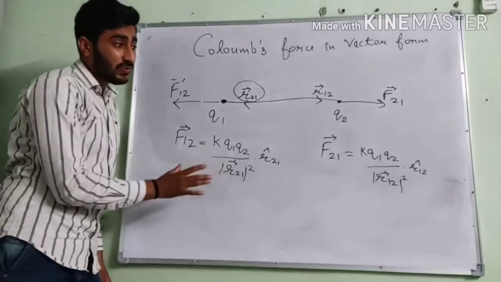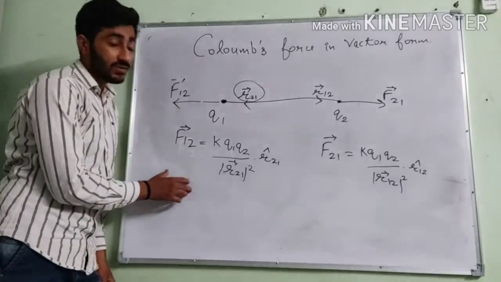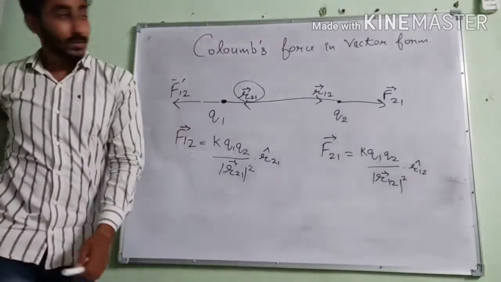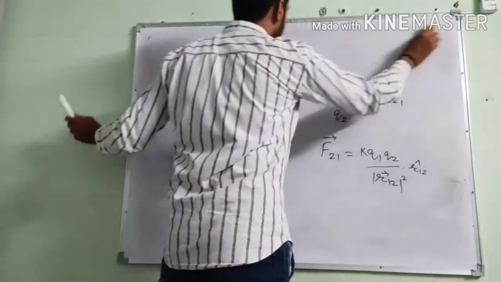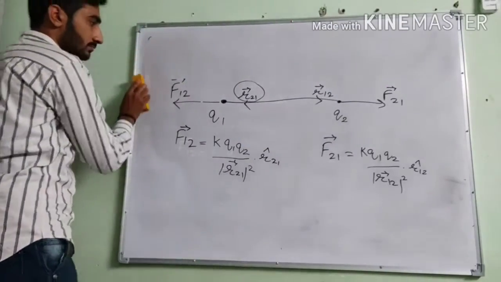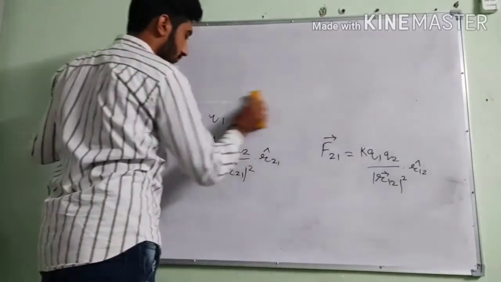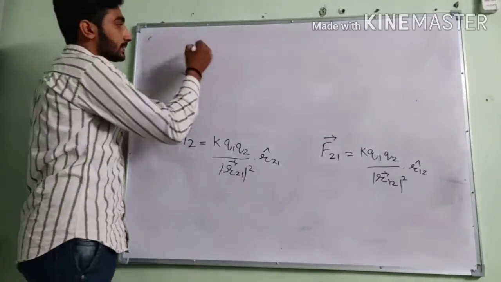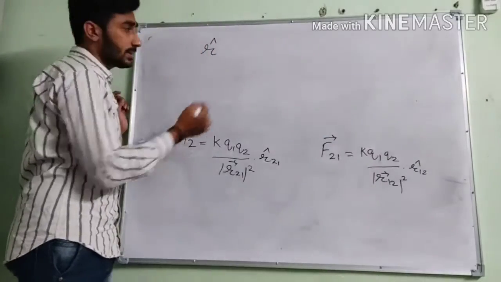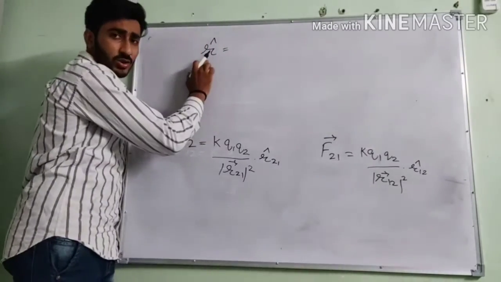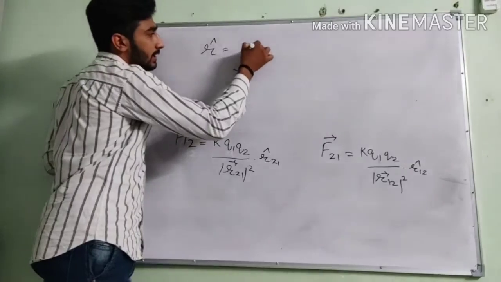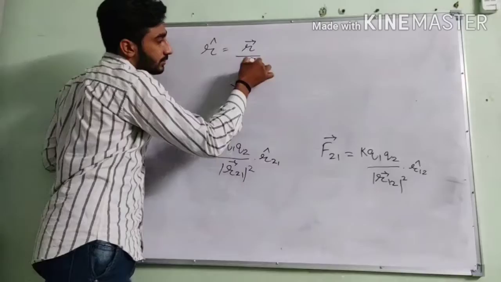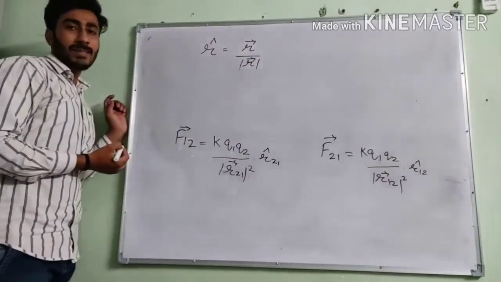Now we have to find the proper direction. We have to find it in terms of proper direction. As you know, R cap is simply the direction only, the unit vector, that is vector over magnitude.